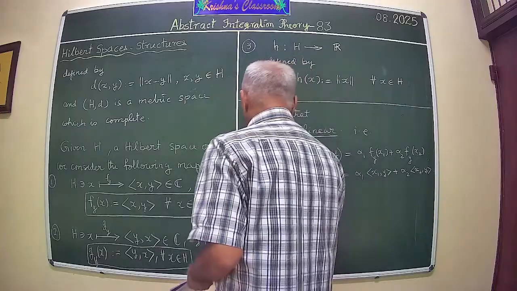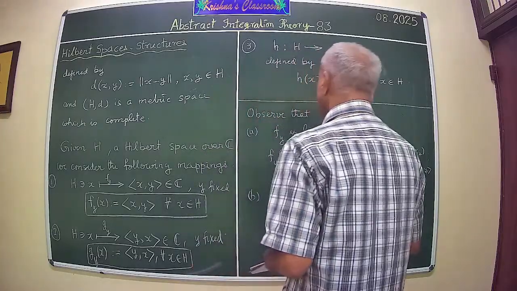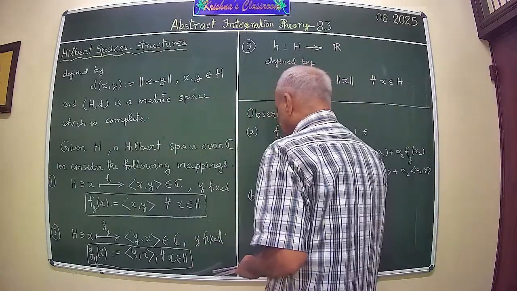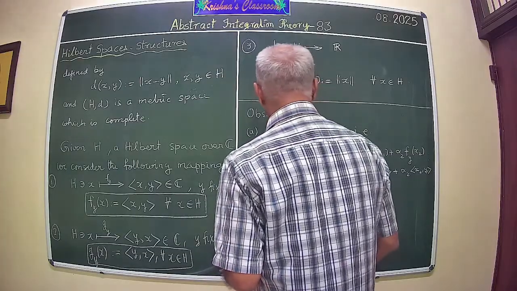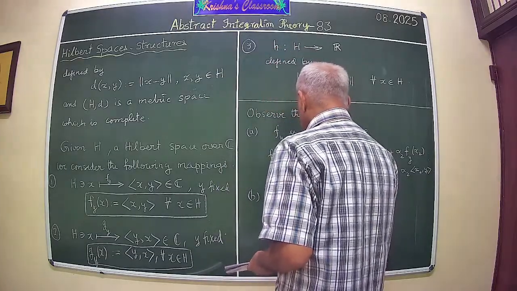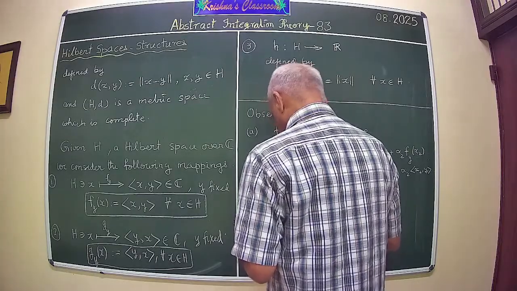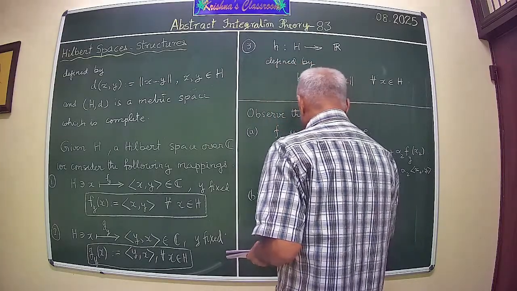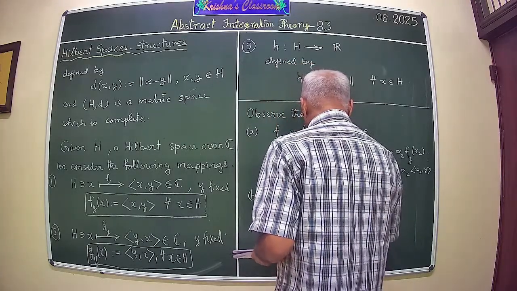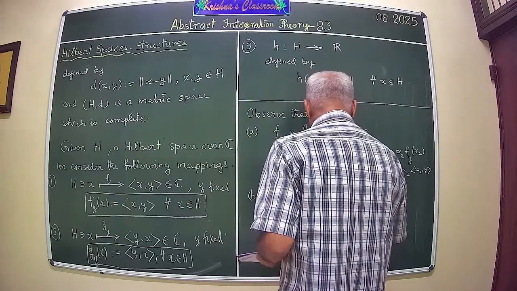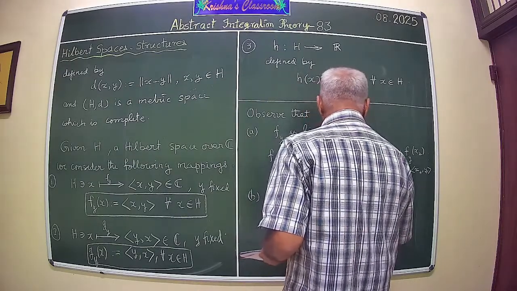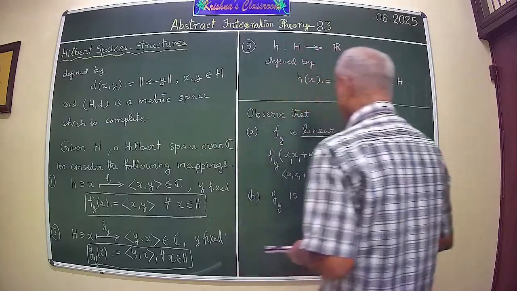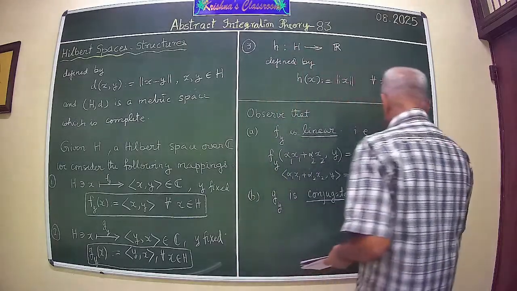Gy is conjugate linear. It is not linear, it is conjugate linear, or it is also called sesquilinear.